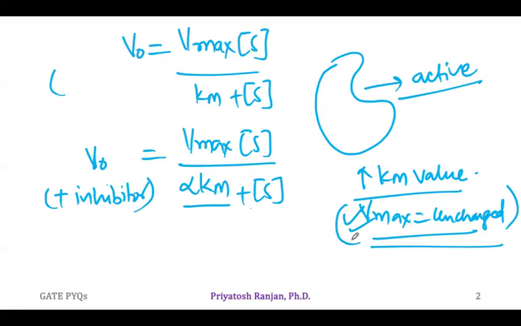Talking again about this question, the values of the Kms are given, and as I said, in the presence of the inhibitor, the Km becomes the apparent Km. You can represent it by Km dash or apparent Km, which is equal to alpha Km. That means the initial Km value is increased by the alpha factor. With the help of this, you can calculate the value of alpha, which is alpha equal to Km apparent or dash by Km.